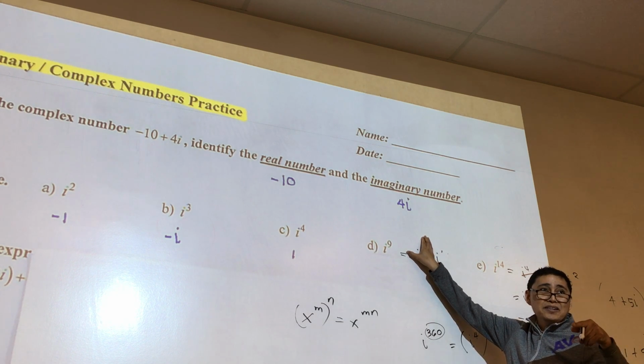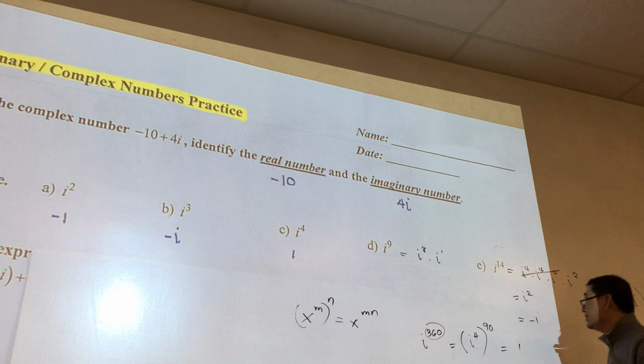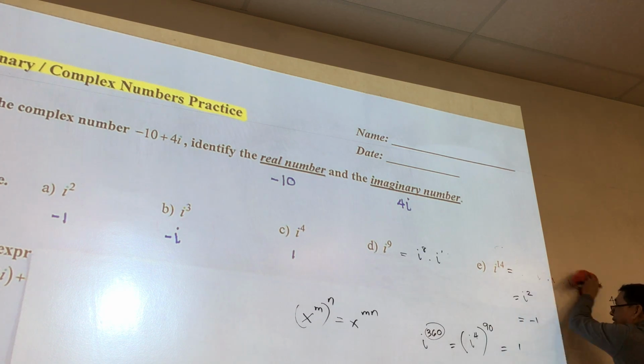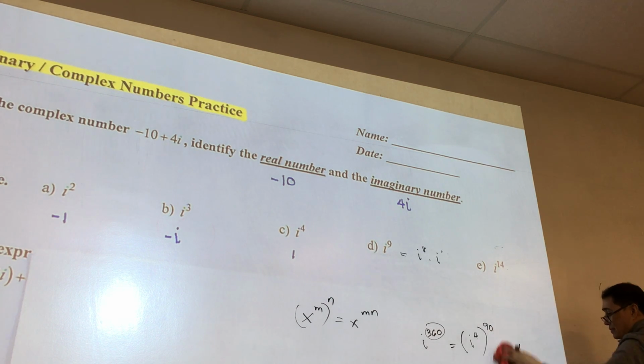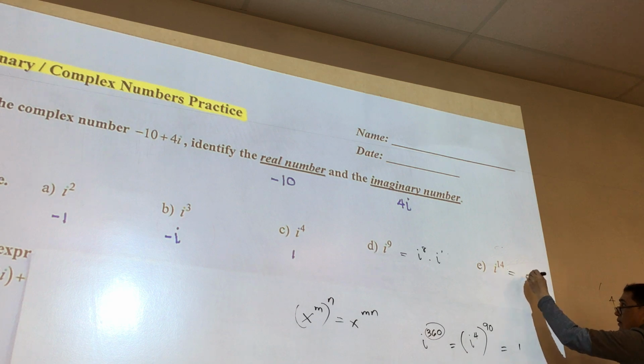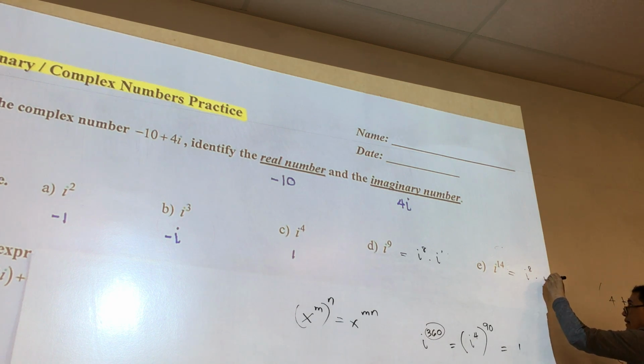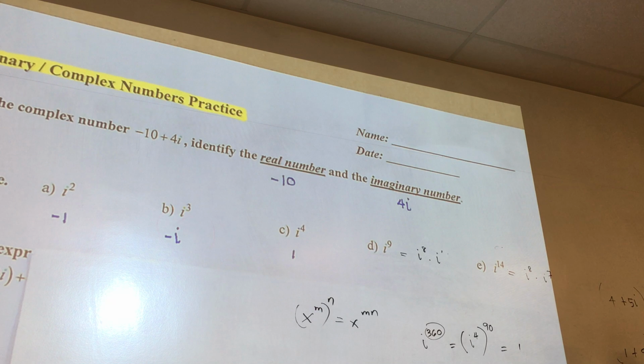Did we get an i a while ago? Yeah. There you go. Now, this one. How do I split it? Well, I will split it with i to the 8 and then i to the 7. Is that right? Sorry, i to the 6. Sorry.